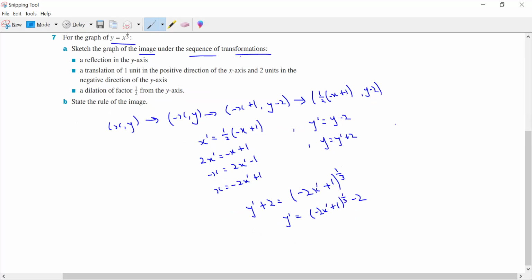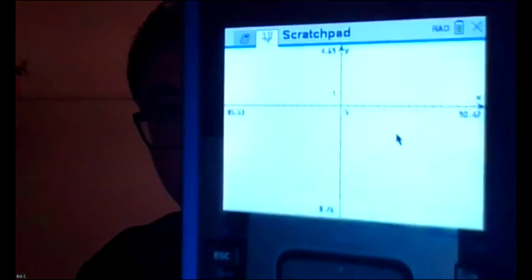And then we can type that into a calculator. So let's go ahead and do that. So I've got my calculator here. And then basically we go to our graph sheet here, like this, scratch pad. And then we double click a blank space, and then we type in our new function.